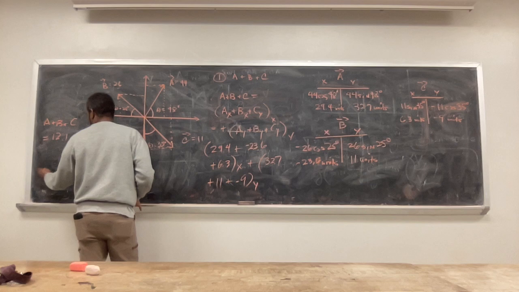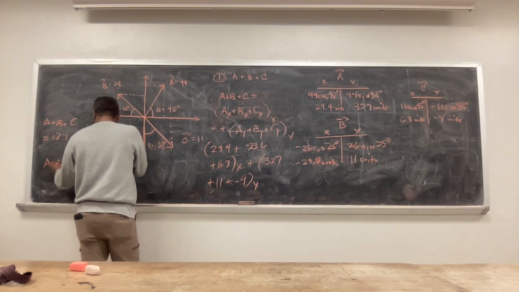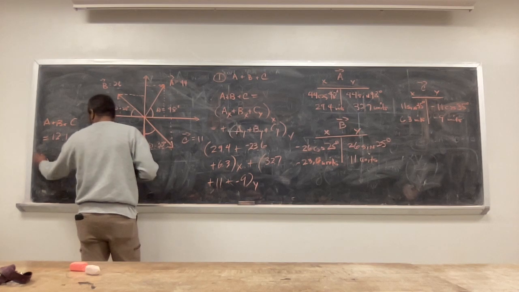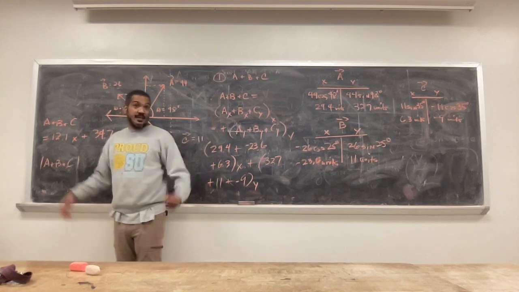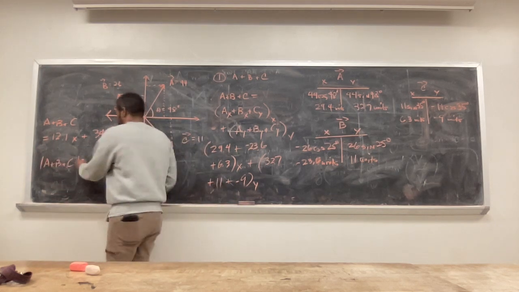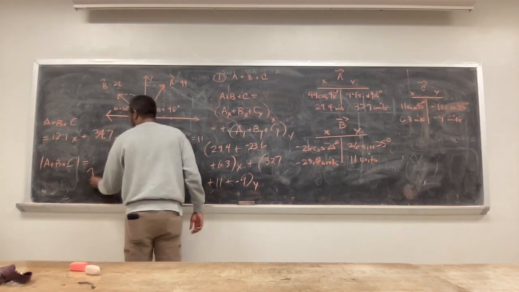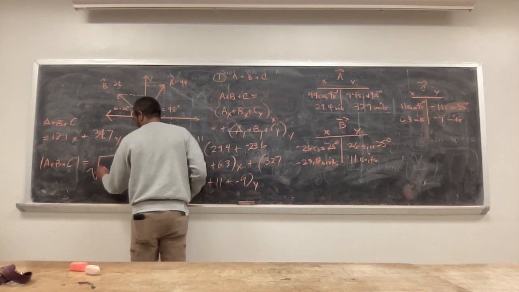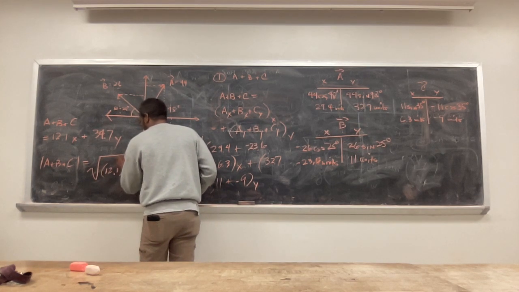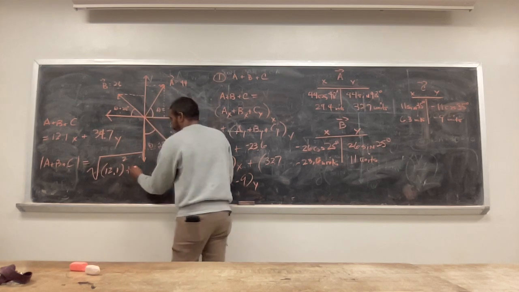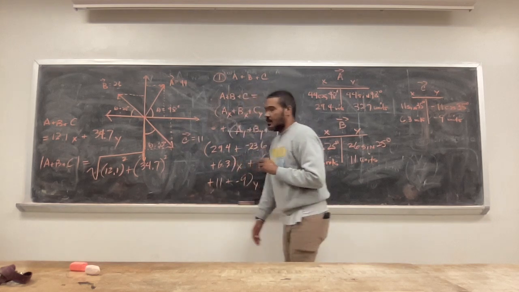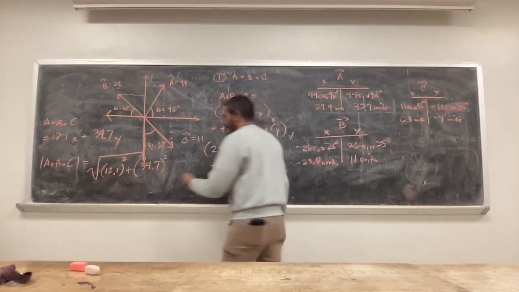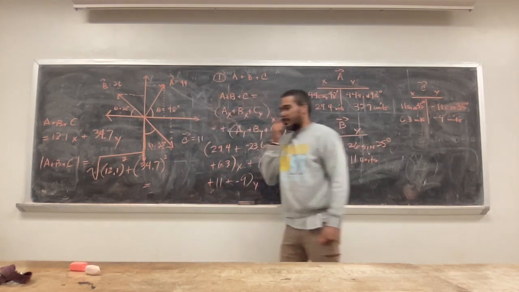So the magnitude of A plus B plus C, and I put the absolute value symbol there just to let you know it's a magnitude, it's just a number. It's gonna be the square root of 12.1 squared plus 34.7 squared. That's my magnitude. What is that?